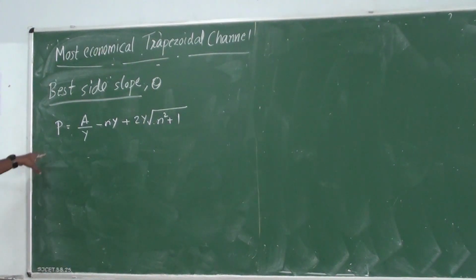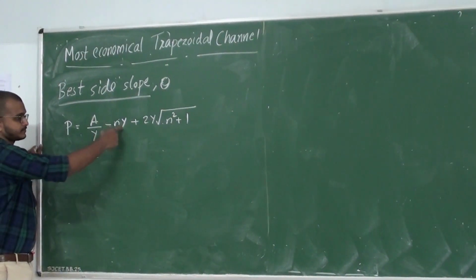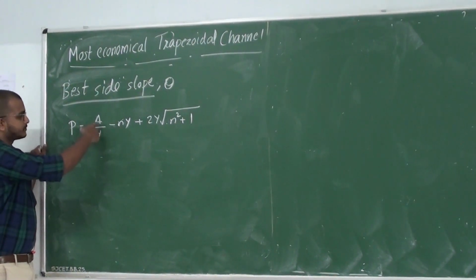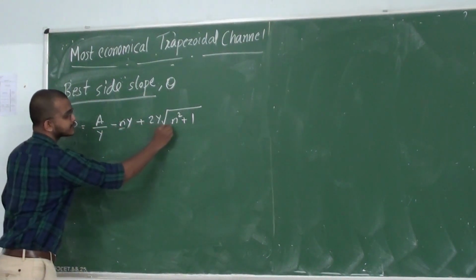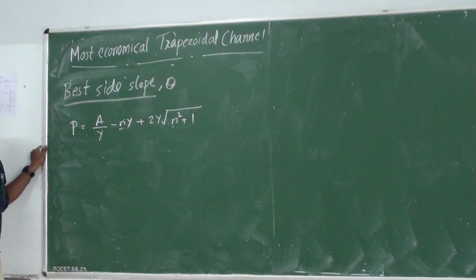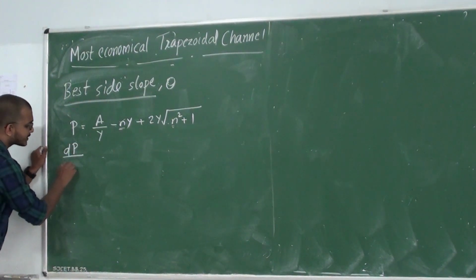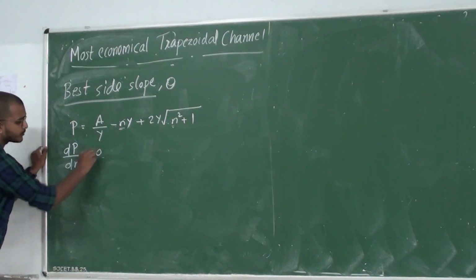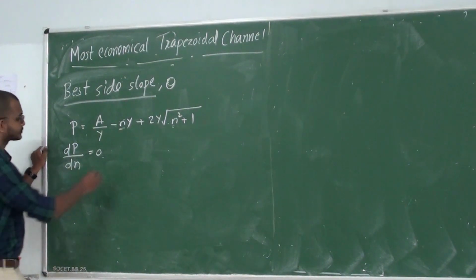Just look at this equation. For a given depth of flow y and a given area A, the only variable is n, the side slope. So let us differentiate the perimeter with respect to n and equate it to 0.